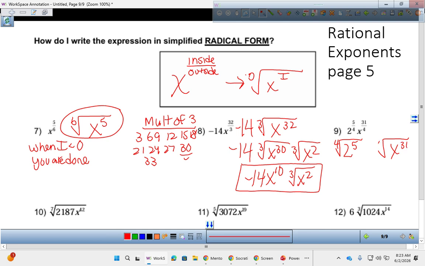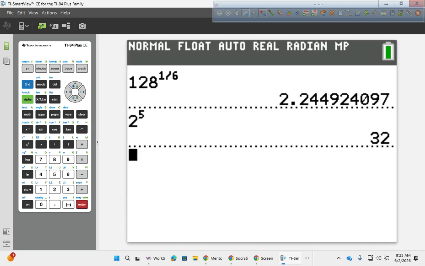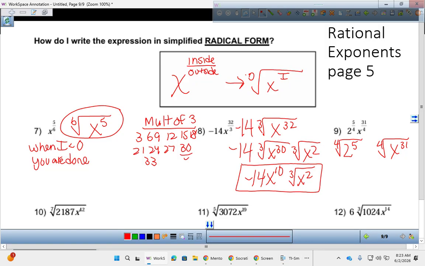Inside over outside. Now what I'm going to do is type 2 to the 5th in the calculator. Figure out what that is. So 2 to the 5th is 32. So this is the 4th root of 32.